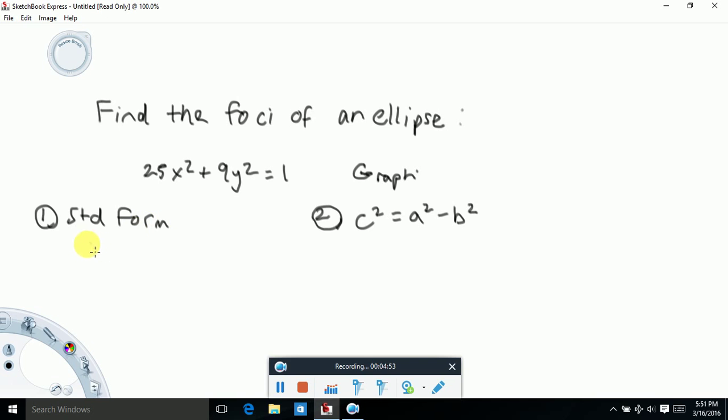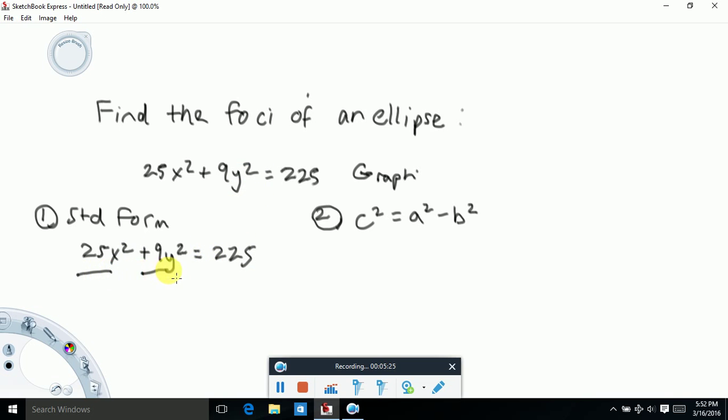So how do we write the equation in standard form? I made a mistake right there. That should be 225. We know in standard form that the number on the right hand side has to be equal to 1. So how do we get a 1 here?